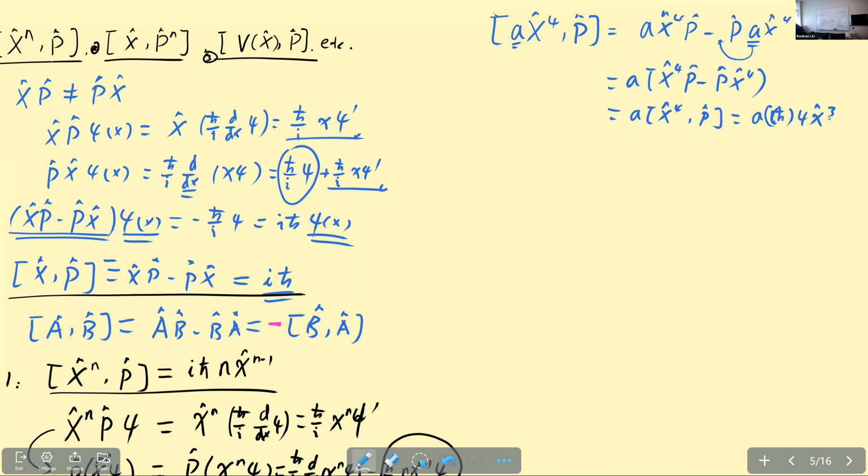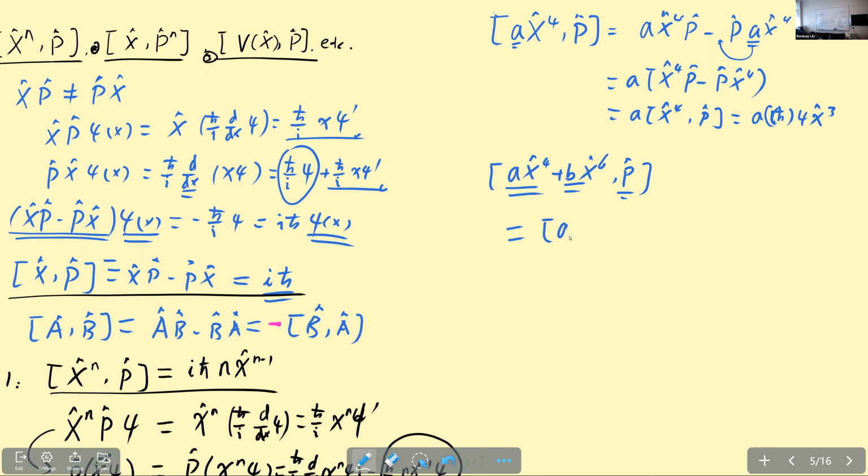So this one can be generalized to a summation. For example, you can have a x to the fourth power plus b x to the sixth power and the momentum of this one. You can do this similarly. You can do the commutator between this one and the p, so you can simply just do the summation of this.